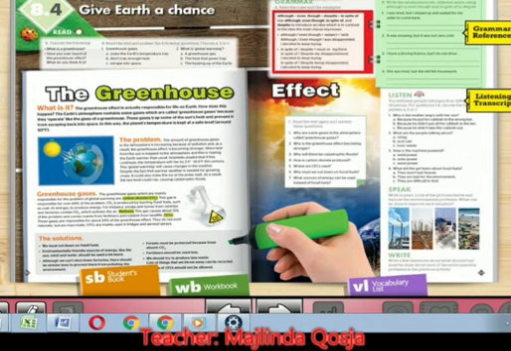In this lesson, you are going to talk about the greenhouse effect. You are going to enrich your vocabulary about Earth's problems and issues, and give some solutions.